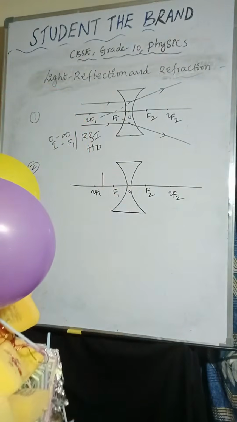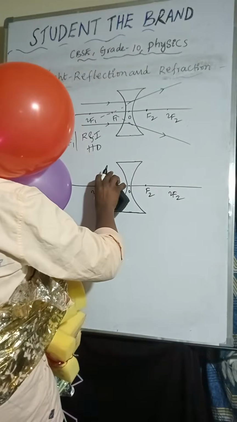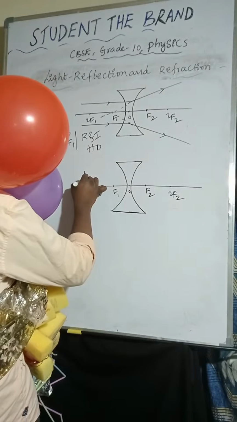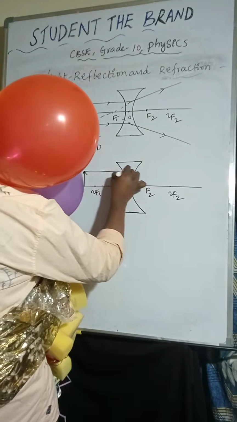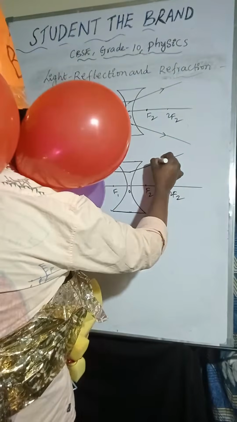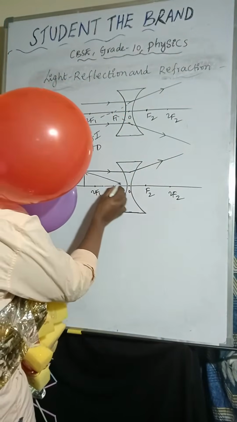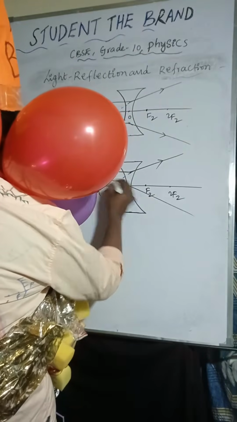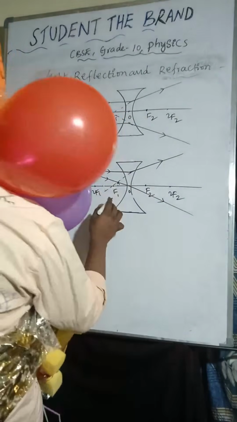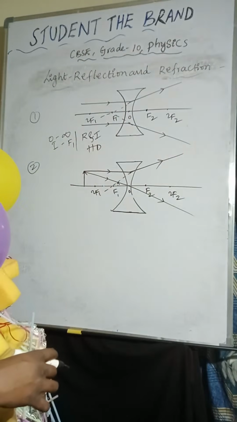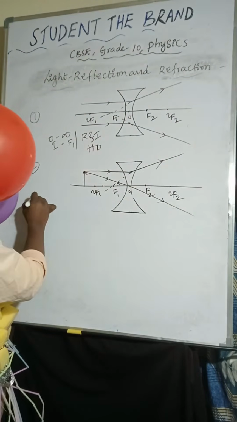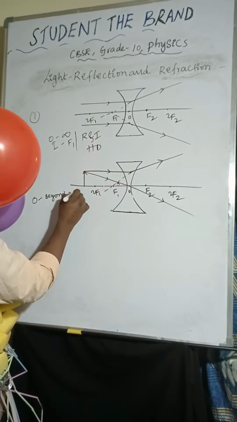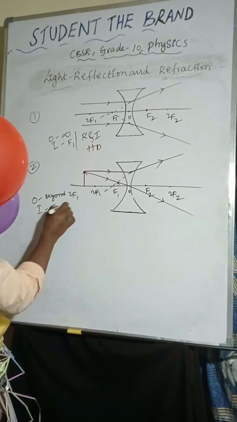So here you can observe object is placed beyond F1. Image is forming between F1 and O.